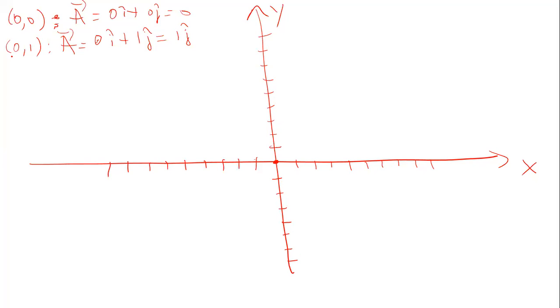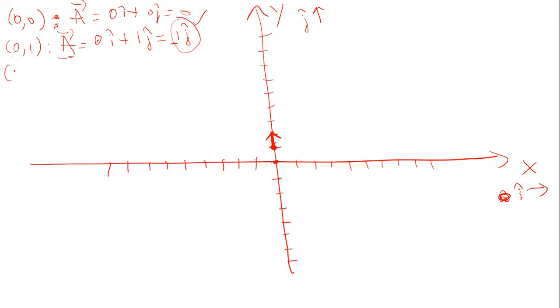The point 0, 1 has x-axis value 0 and y-axis value 1. At this point, the vector A will have unit magnitude and will point along the y-axis, because j cap is the unit vector along the y-axis and i cap is the unit vector along the x-axis. So your vector will point like this.